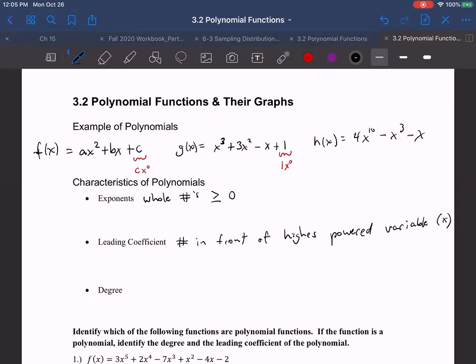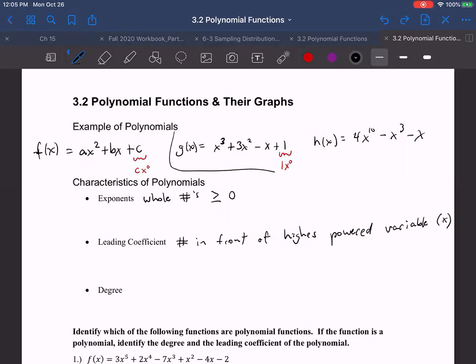So it's the number out in front of the highest power of your variables. So for example, in f of x equals ax squared plus bx plus c, whatever a is would be your leading coefficient, because that x squared has the largest exponent, and therefore that is what is called your leading term. This is your leading term, and then that coefficient out in front of that term would be your leading coefficient.